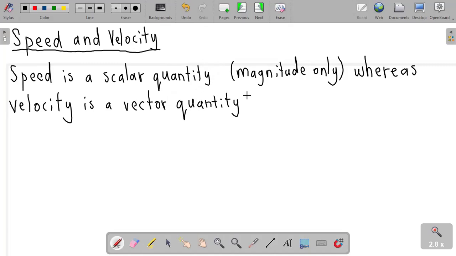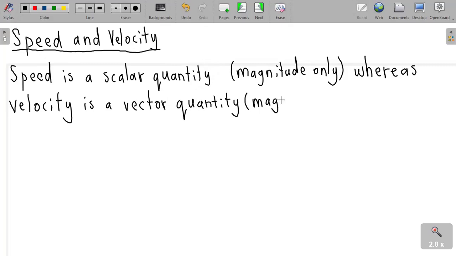So a vector quantity, meaning it has magnitude and direction. Velocity is a vector quantity.